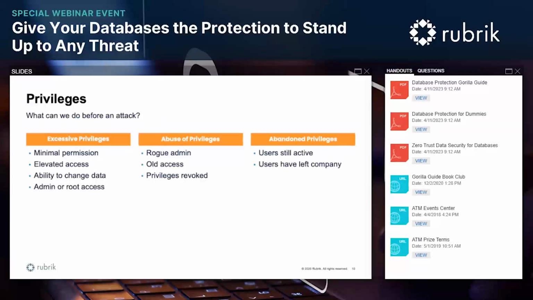Lastly, we have to look at who, as a part of their job responsibility, has admin or root access to the databases and the hosts, and then really start determining, is that something that they really need? Because if we don't, we run into a lot of problems with abuse of privileges.